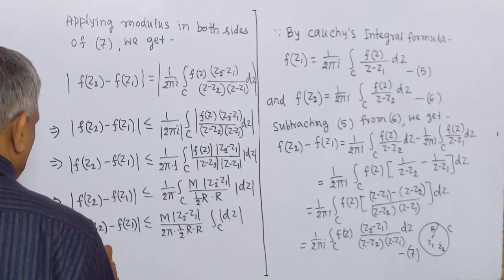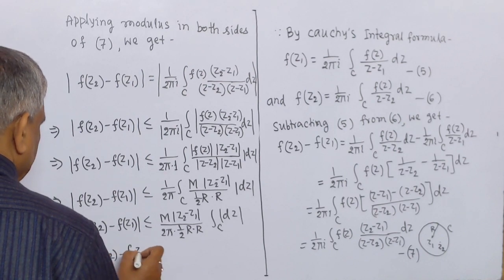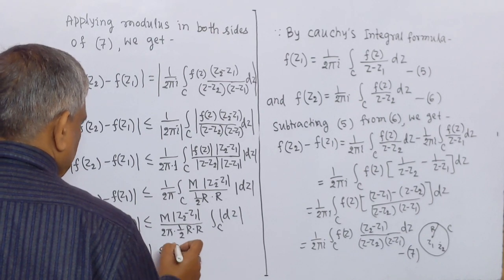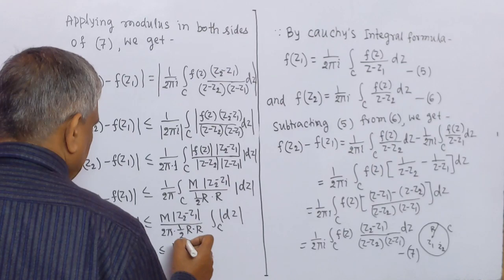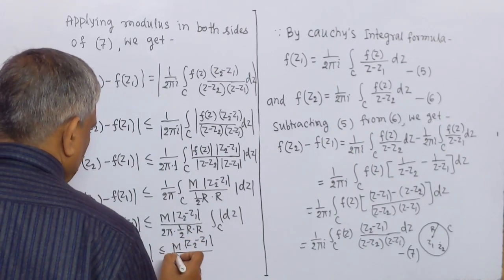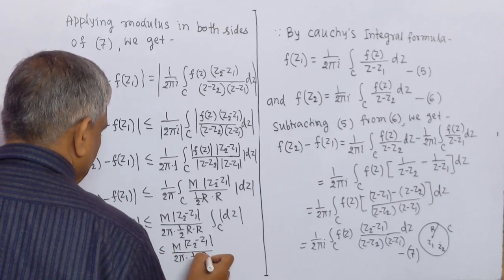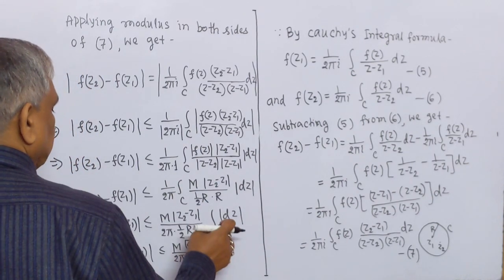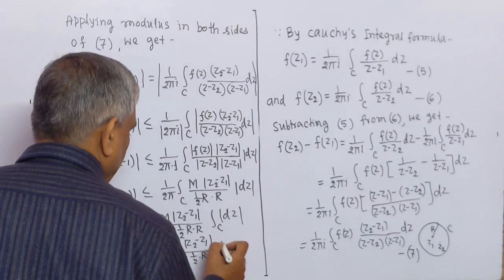Here 2 pi multiplied by half r multiplied by r, and modulus of dz along the curve C is the circumference, that is 2 pi r.